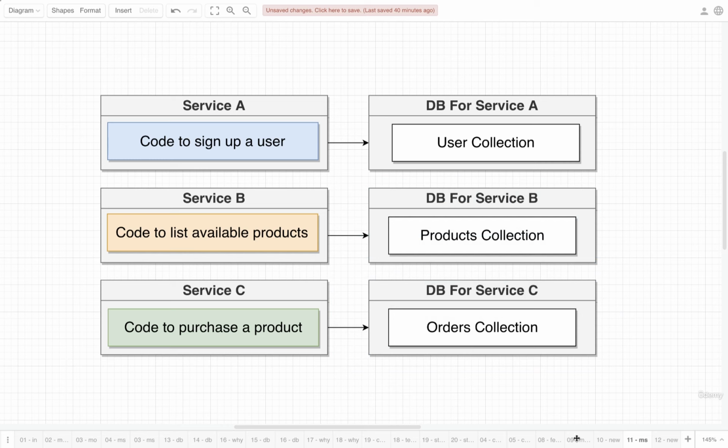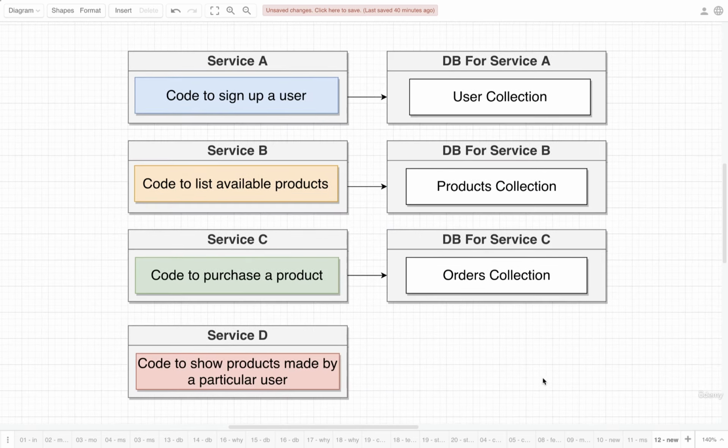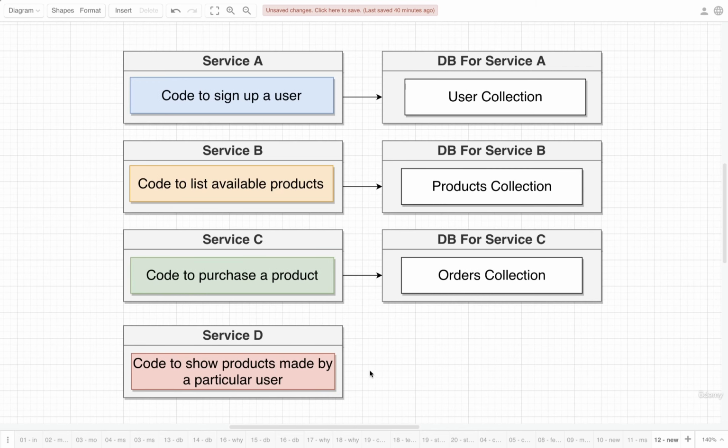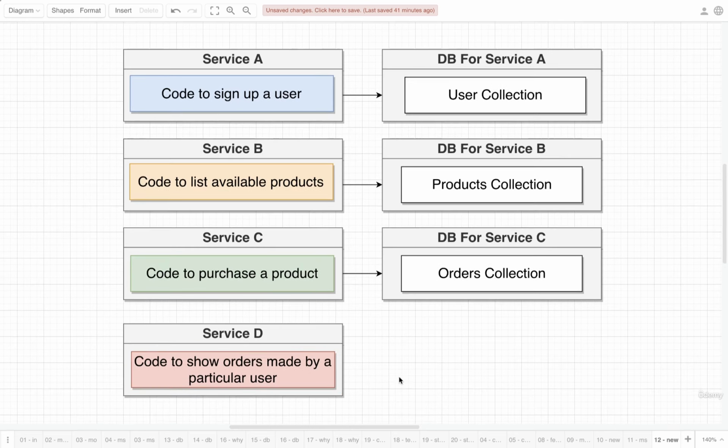Now let's imagine, once again, that we want to add in a new feature. So we want to add in a fourth service here, service D. The goal of service D is to give us the ability to show not products, but orders made by a very particular user.